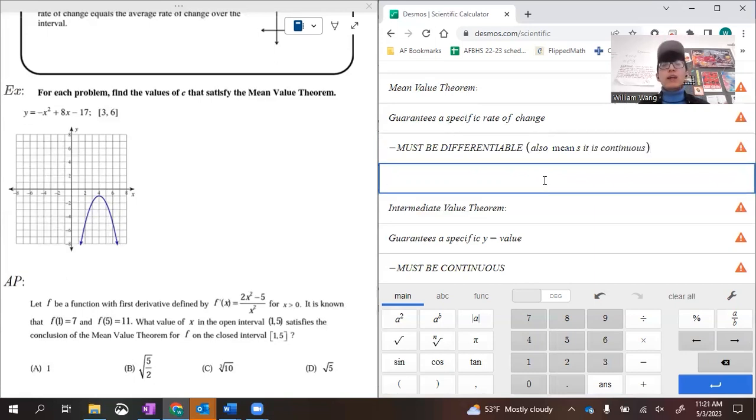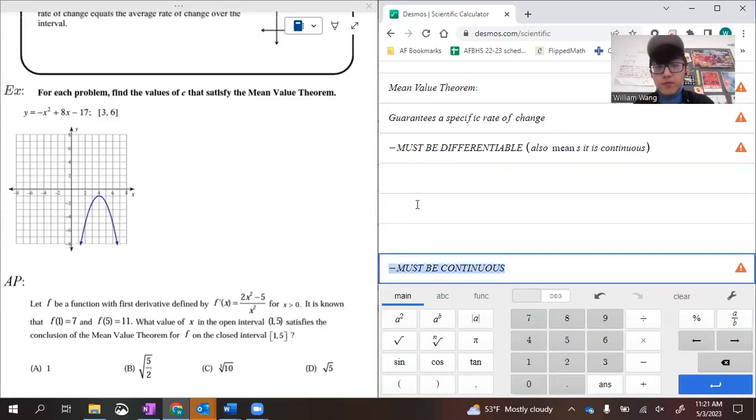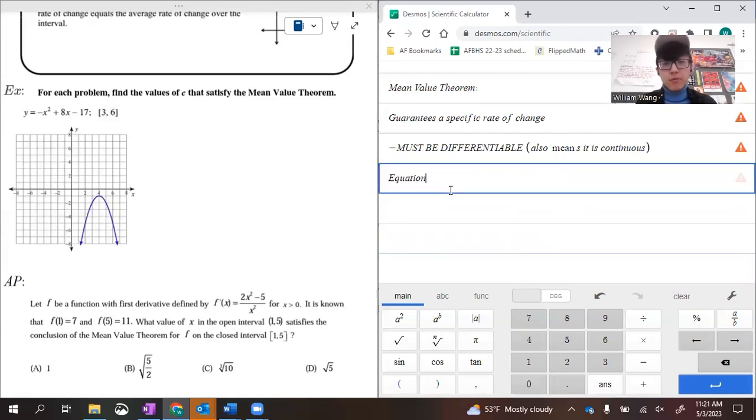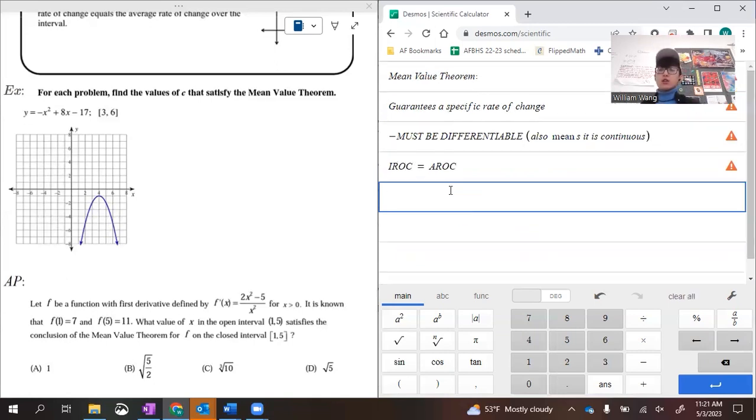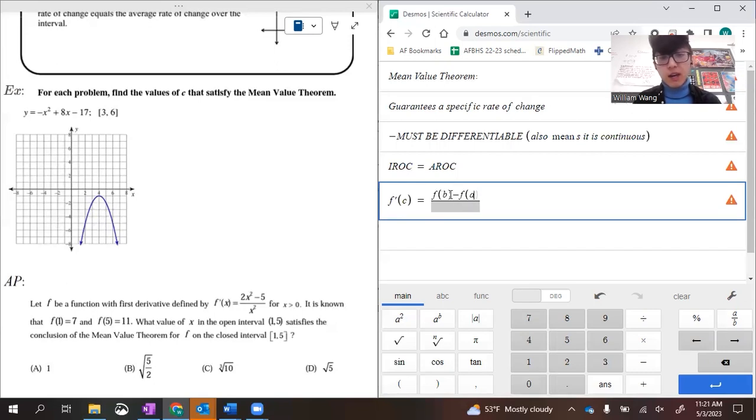All right, what is the actual mean value theorem? So I'm going to erase this now. The actual mean value theorem is that my instantaneous rate of change is equal to my average rate of change. So basically, that means my derivative is equal to my average rate of change formula, which is f of b minus f of a over b minus a.